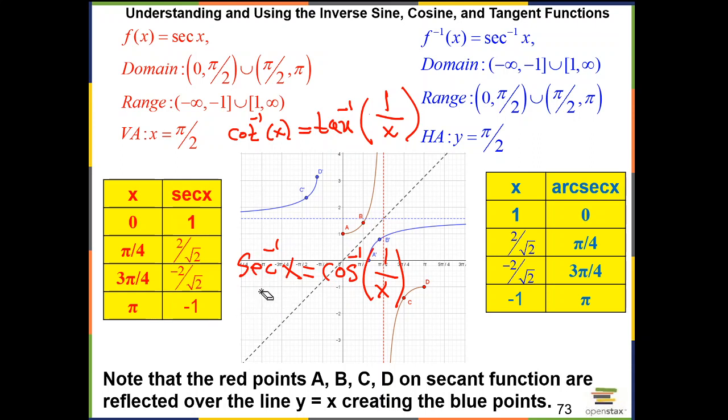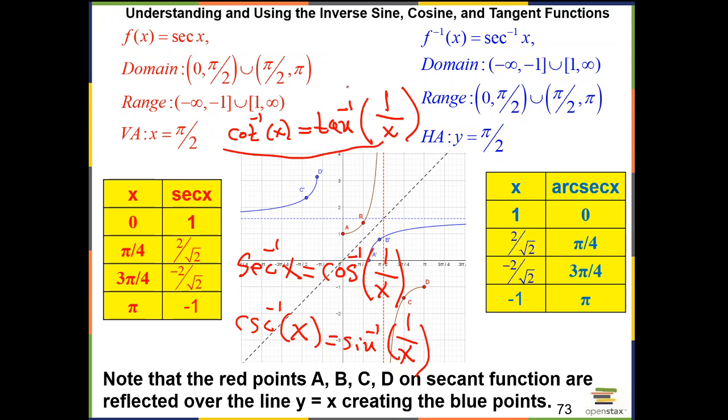And also, we're going to look at cosecant in a second, but cosecant inverse of x is related to sine inverse of 1 over x, again for all domain values. So we can use these two for all domain values, but this one only is good for positive x.